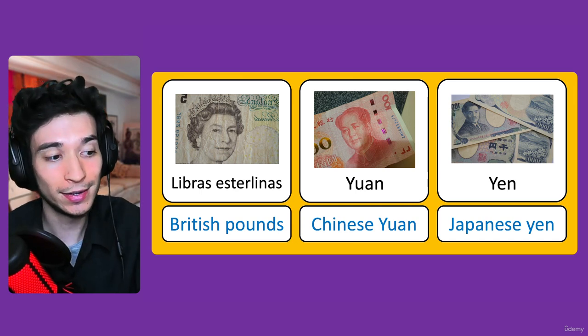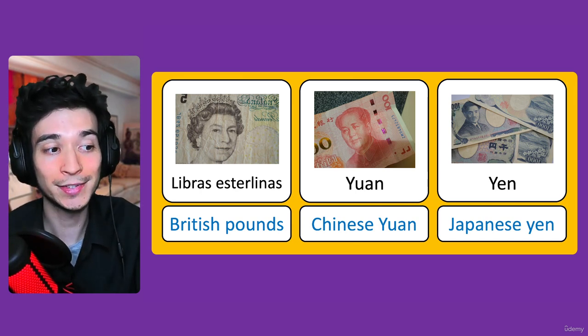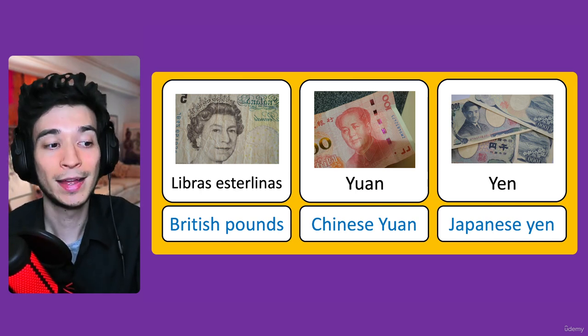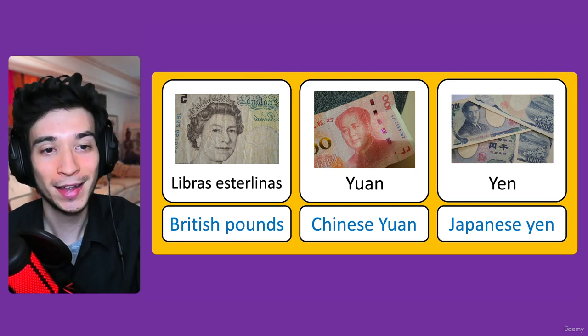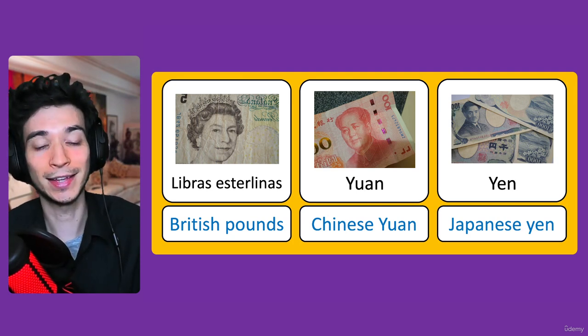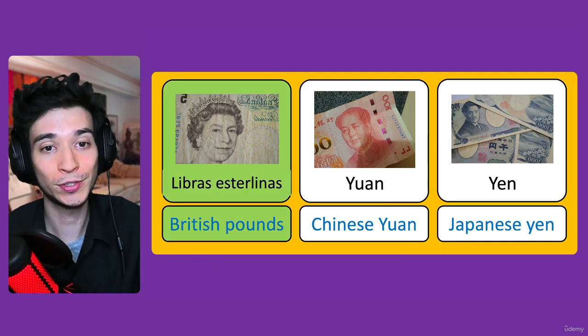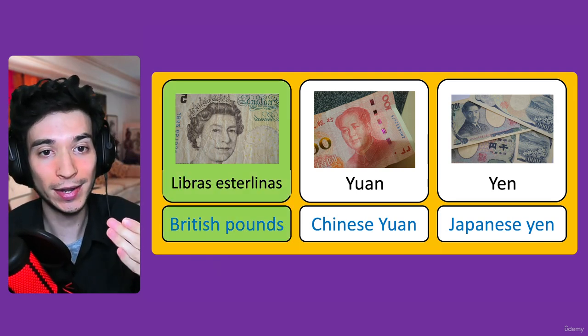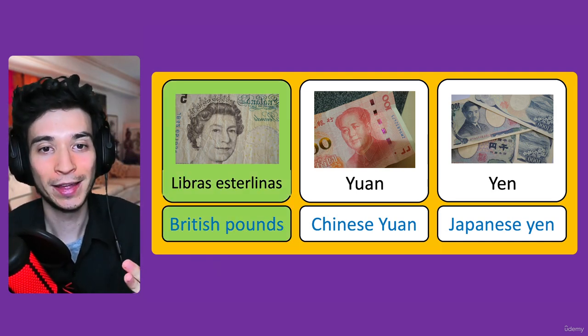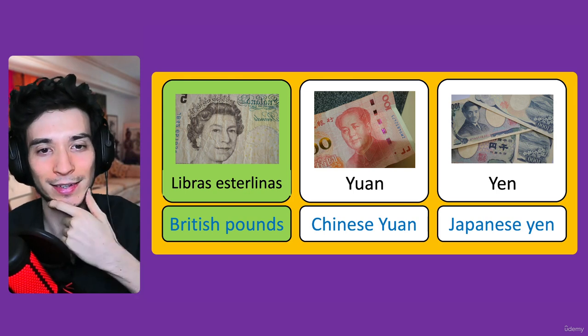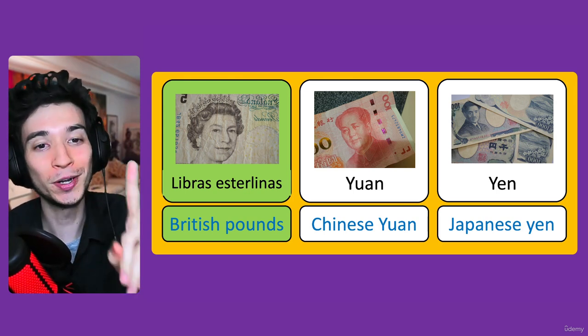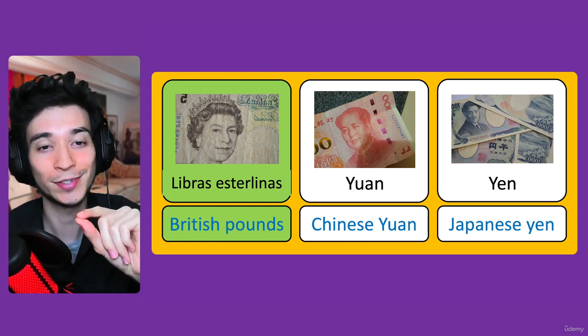And another one. Here we have libras esterlinas. So this is a hard word. Libras esterlinas means British pounds. Oh no, my mistake. The word libras means pounds.